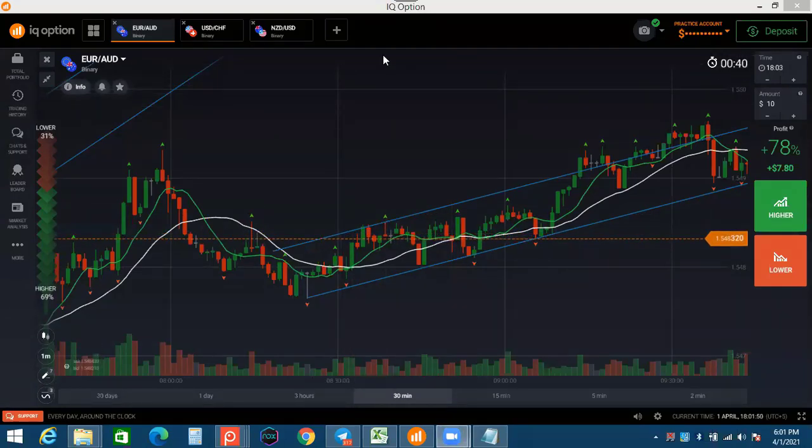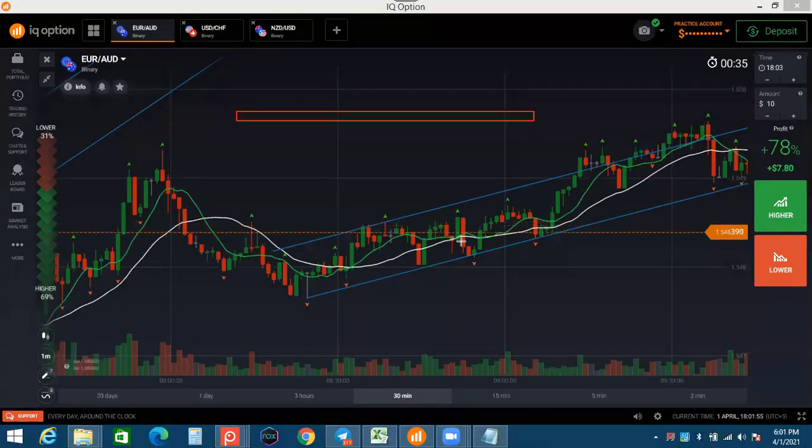Brother, when you get any SNR level, if this is a zone, first of all you find the movement. What was the movement? If it is moving up in this way, it is breaking, closed here, right?